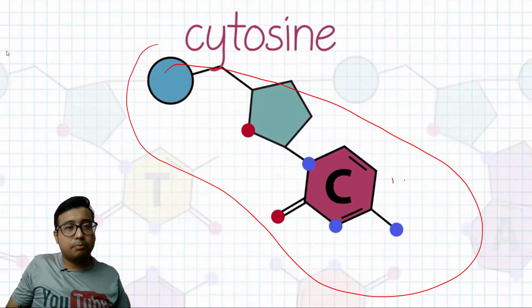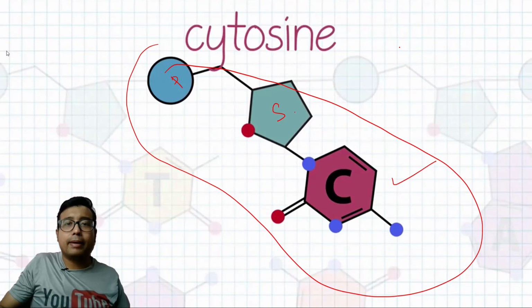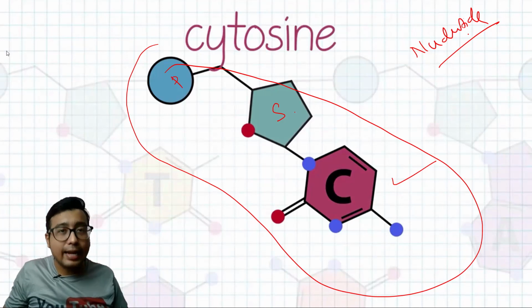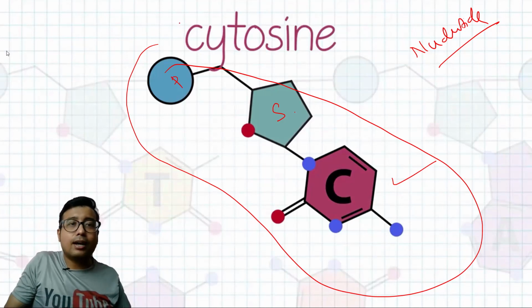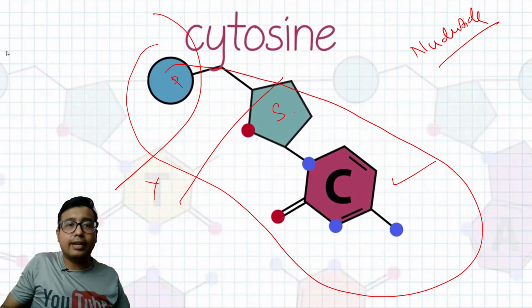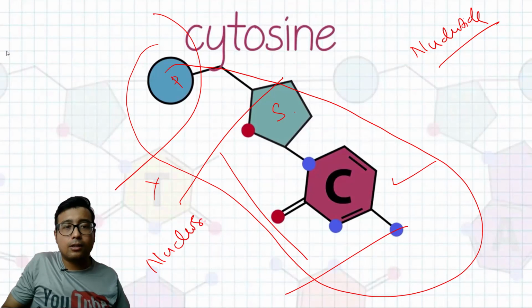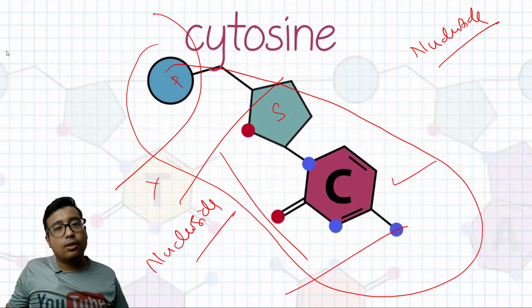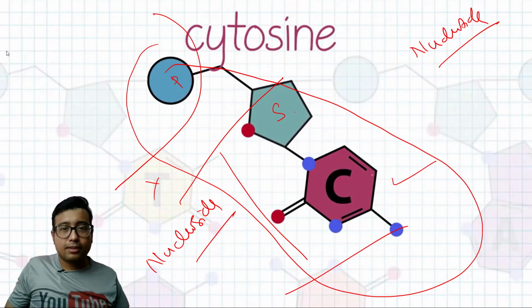So a nitrogenous base, a pentose sugar and a phosphate makes a nucleotide. What's a nucleoside? If we cut this phosphate group out, it becomes a nucleoside. Only this is now a nucleoside. So, cytosine.